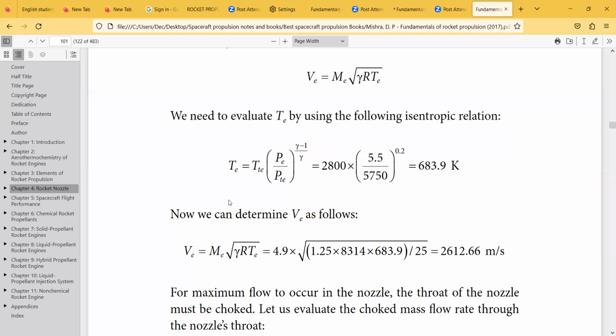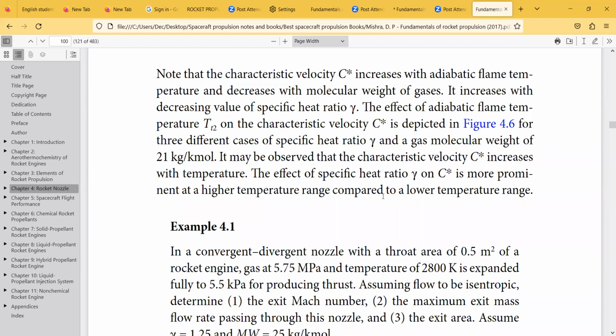Similar to that, the temperature at exit relates to the temperature at inlet. This is just inlet, as I told you. So pressure at exit over pressure at inlet. The exit pressure is 5.5, as you see from here.